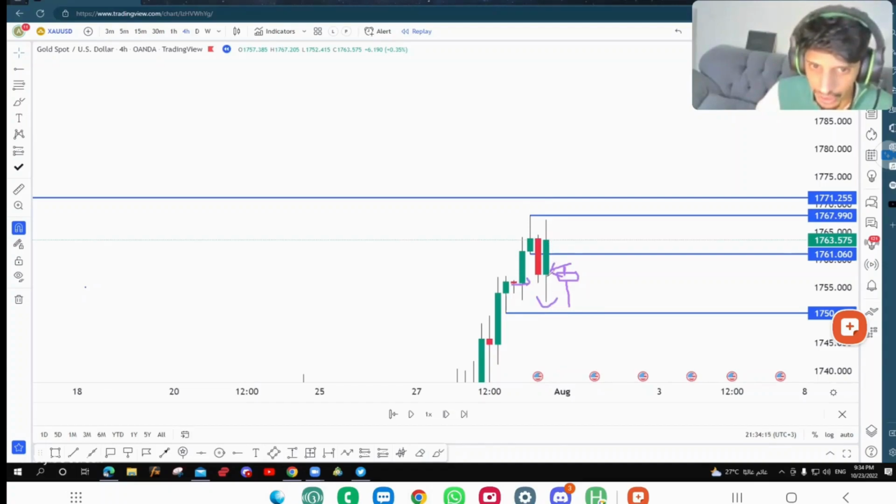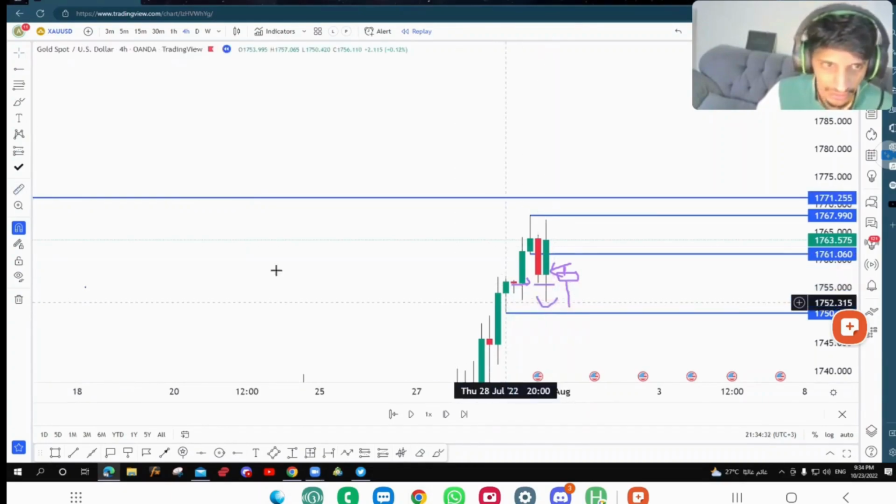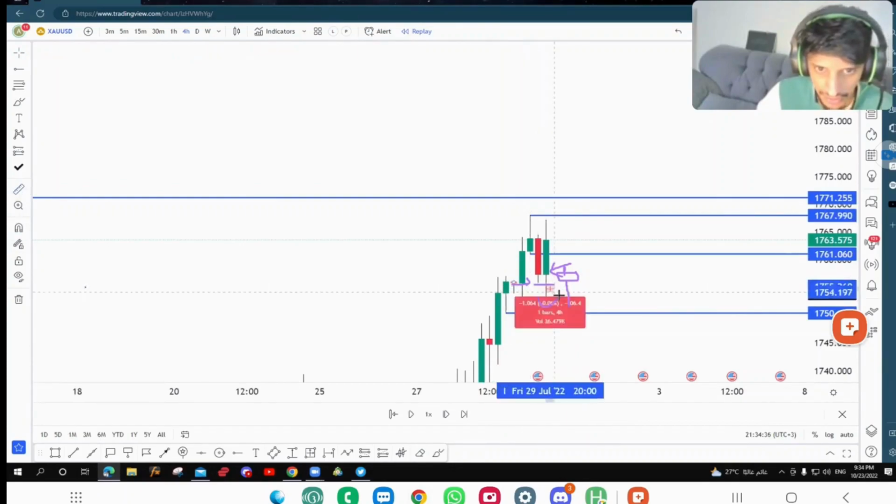Now, why did I tell you to wait to see this closure above here? Because if you had taken a trade based on this, you have this range, it might be enough if you can secure it. Let me see how much this is.